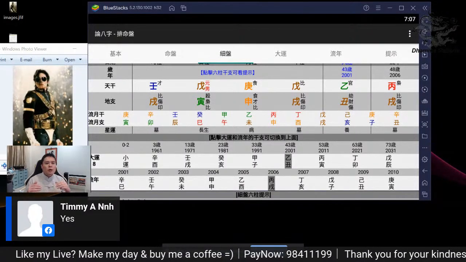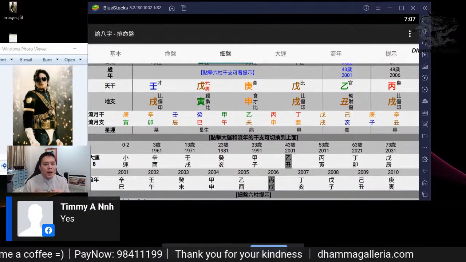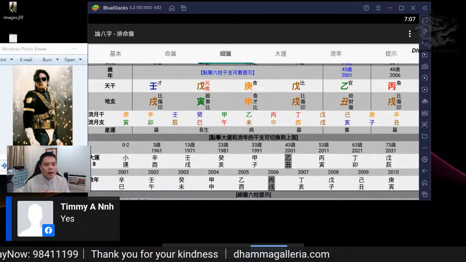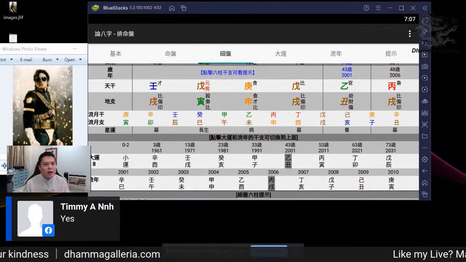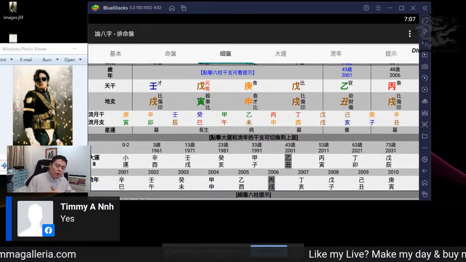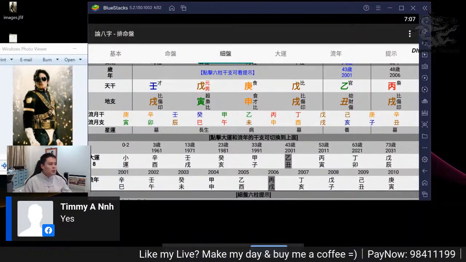Okay, if the auspicious element is being buried, then usually it is a negative sign. And if it is an inauspicious element that is buried, then conversely, it will actually be a positive sign. Okay, it's just as simple as that. It's all logical.